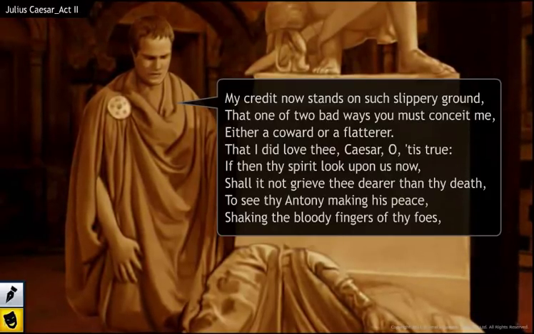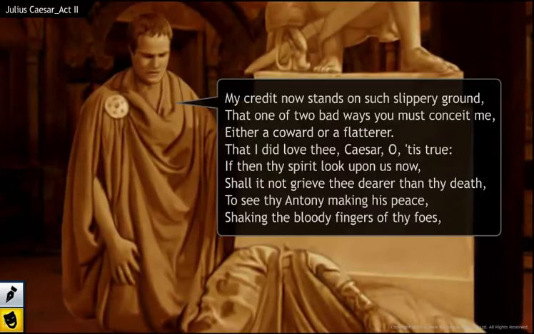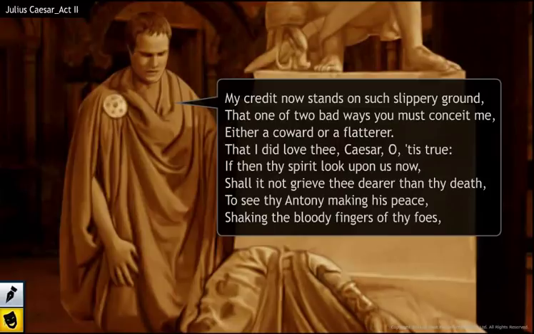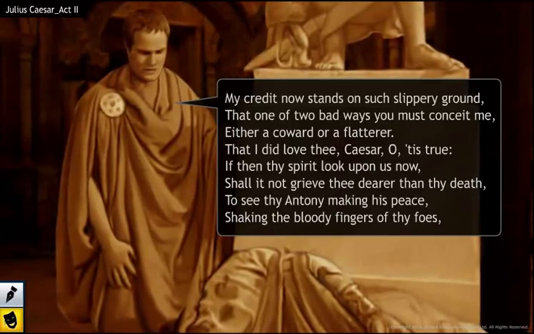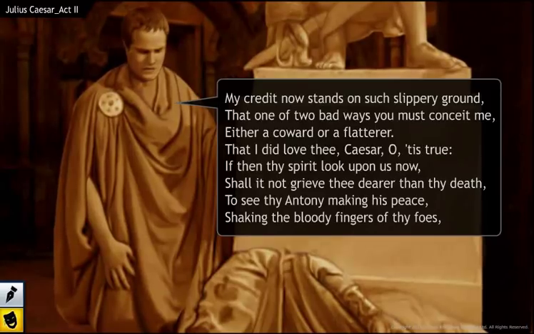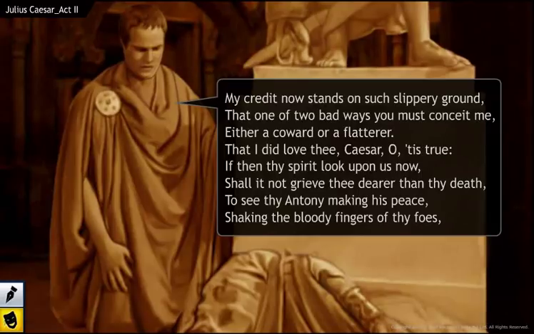It is evident from Antony's speech that at this point he feels helpless and finds his reputation to be on slippery ground or prone to blemish. He thinks that he may be branded as either a coward or a flatterer.